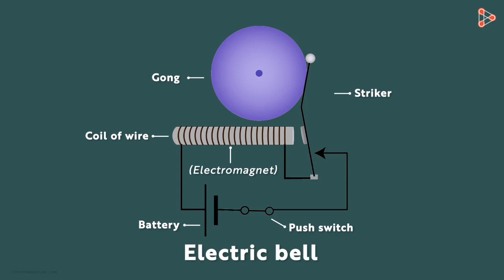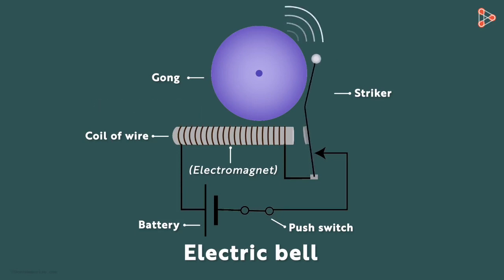As soon as the soft iron is shifted away from its original spot, the circuit breaks. It no longer connects this wire with the terminal of the battery. And when the circuit breaks, the current stops flowing. So this electromagnet gets demagnetized, after which the soft iron goes back to its start position.